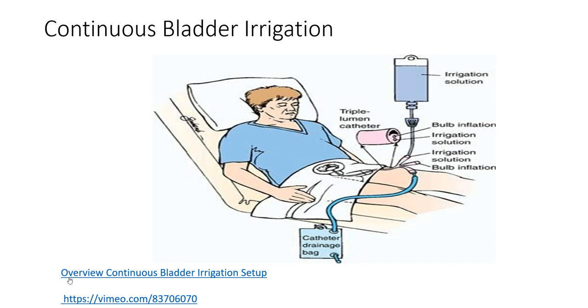Because if this is clotting too quickly, you want to increase the fluids to allow this drainage to be pink, to let you know that you are irrigating all of those chips that may be left in there, all of the clots, because what's going to happen if a clot gets stuck in the urethra?